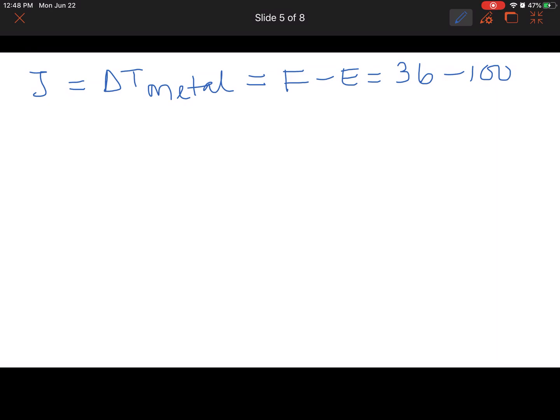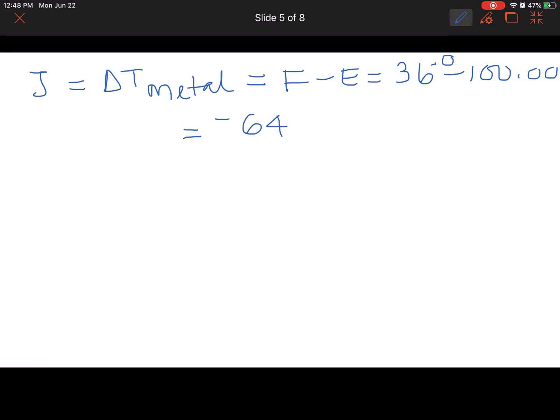Yes. So make sure to write down the proper significant figures that are given in your data sheet. I might lose them along the way, but you be mindful to put the significant figures. Okay, and then 36 minus 100, what's that going to be? That's going to be negative 64.